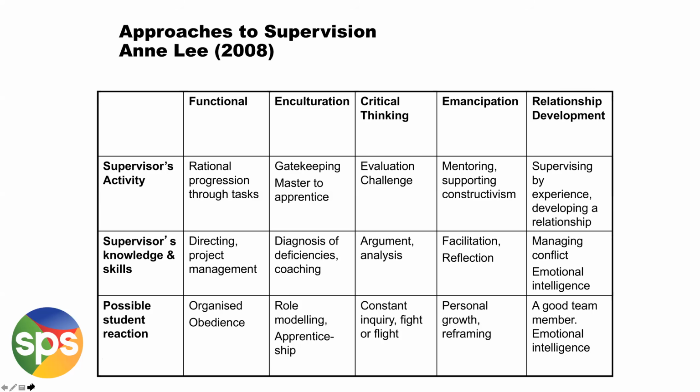And so a lot of her energy would be spent to manage any potential conflict or power imbalances, and she would need to have good emotional intelligence to do this. Hopefully, the end result would be a student who is empowered not only in terms of the knowledge, but in terms of being a good team member and who has understanding around negotiating knowledge creation and has enhanced emotional intelligence.